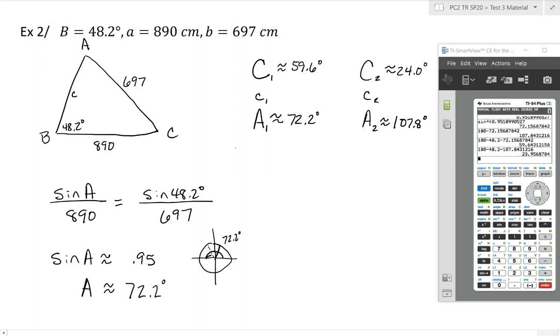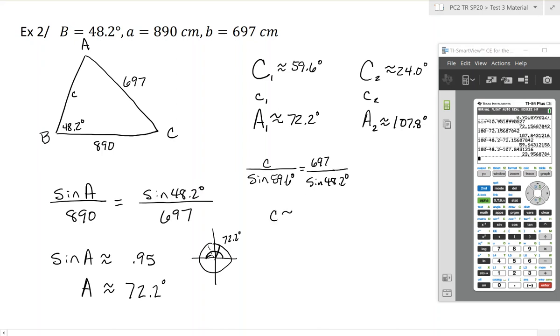For little c sub 1, we'll be using this measurement. Let's go ahead and use the big B and little b that was given so we don't have round off error. And since we're finding little c, let's put little c on top over the sine of 59.6. Remember to use the one that's in your calculator, not rounded. And that's equal to 697 over the sine of 48.2 degrees.